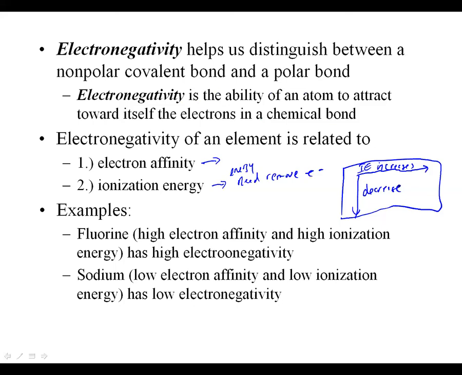They have very high ionization energy, which means it takes a lot of energy to remove electrons. While to the left and down on the periodic table is our metals, which have low ionization energy, which means it doesn't take a lot of energy to remove those electrons.